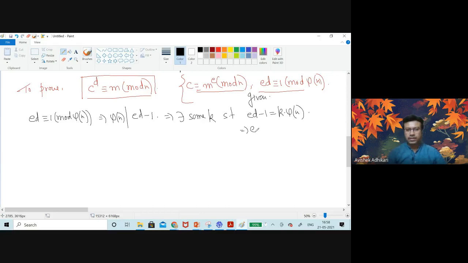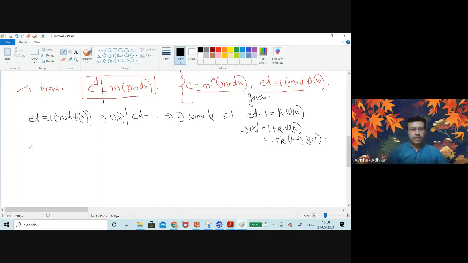That is, ed is equal to 1 plus k into phi n. And what is phi n? Note that n was p into q, so we know that ed equals 1 plus k into p minus 1 into q minus 1. Okay, so let's start from the left hand side.